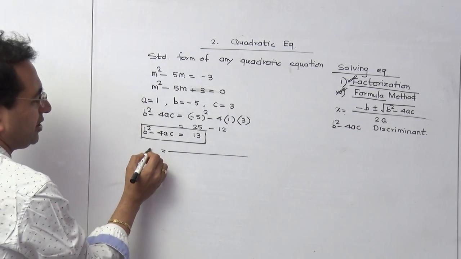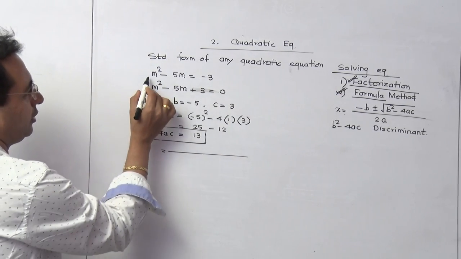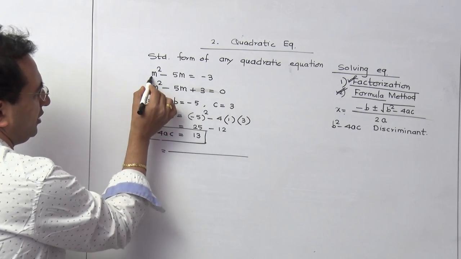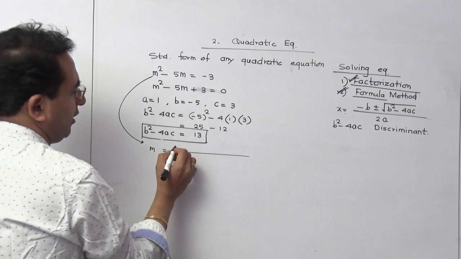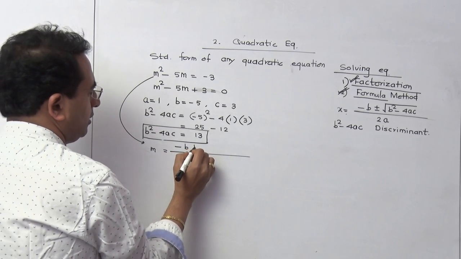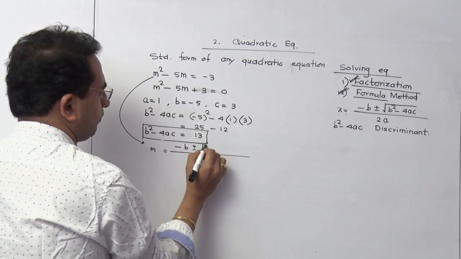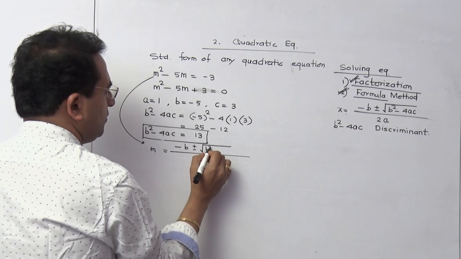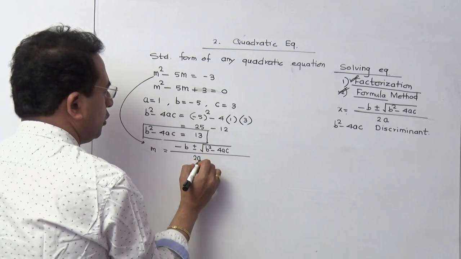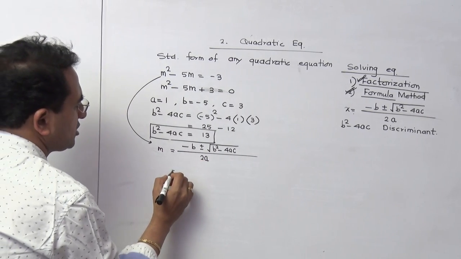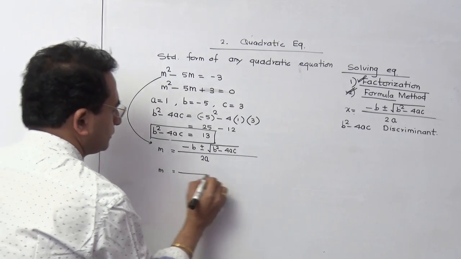So, don't write x here because our equation is in terms of m. So, this letter should come here, that is m. Then we have to write the formula minus b plus or minus square root of b square minus 4ac upon 2a.